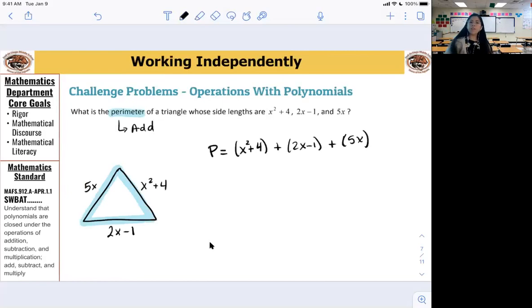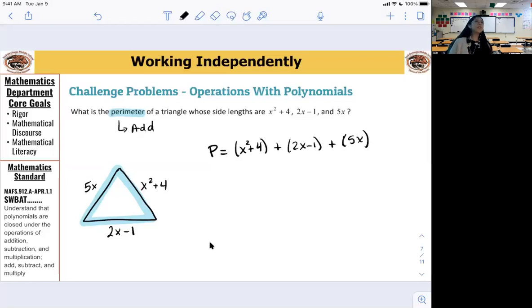Go ahead and try this one out on your own, and let's see if we come up with the same answer. What operation am I doing again, you guys?